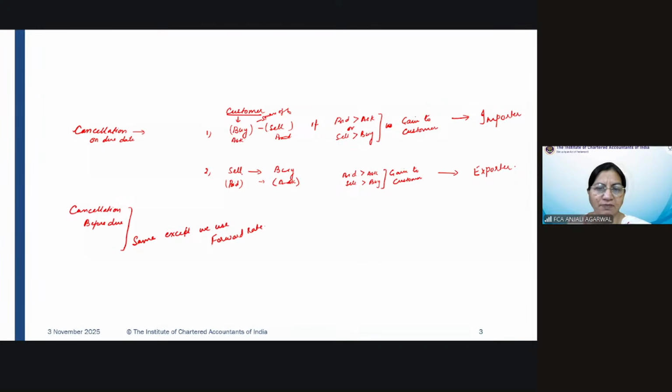If he has taken a sell position, he'll take a buy position at the forward rate, not the spot rate. Here, the spot rate would be applicable. Here, forward rates would be calculated. If margin is to be determined, deduct from bid and add to the ask.